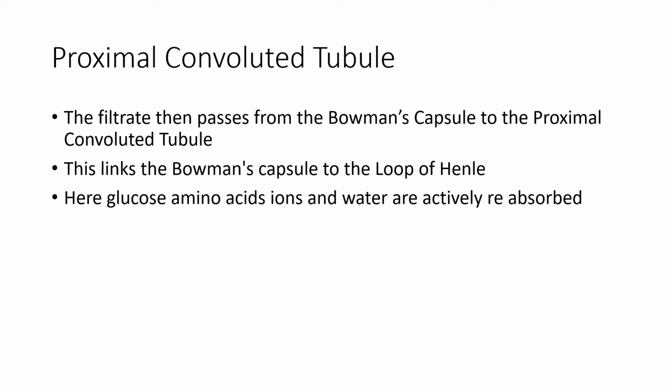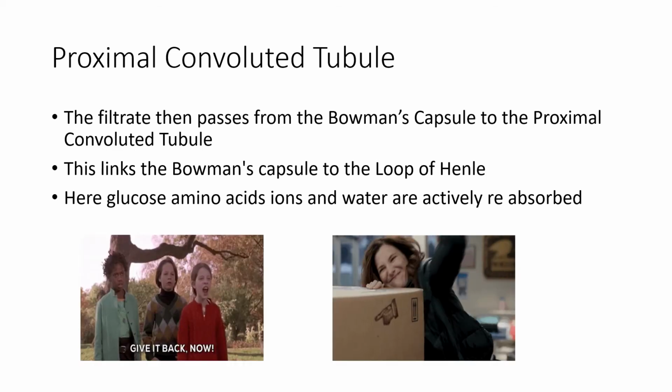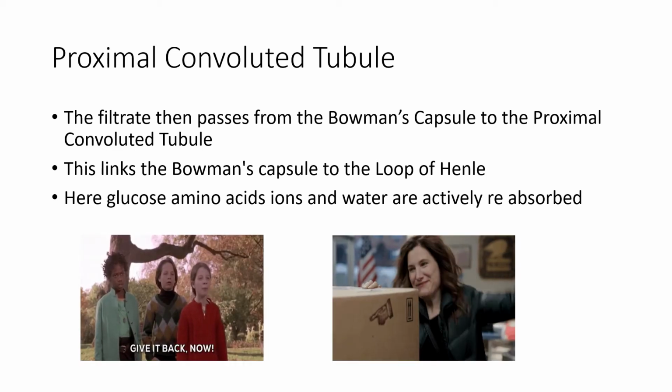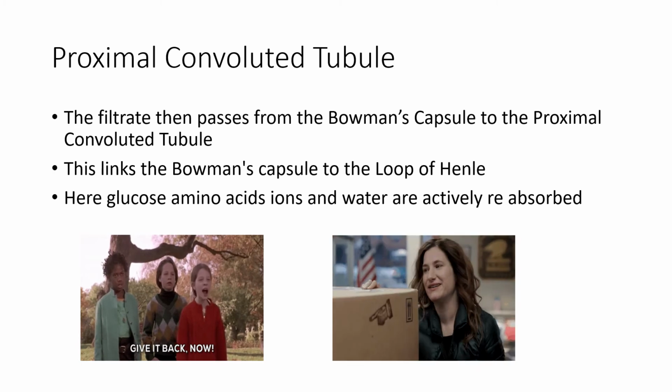So here, the body can reabsorb things like glucose, amino acids, ions, water. These can be actively reabsorbed here. It may be a passive process through osmosis, it may be an active process through active transport. But it's the body's way of trying to claim back some of the things it needs. So the body's saying, yes, I did give you that, but I actually want that back.